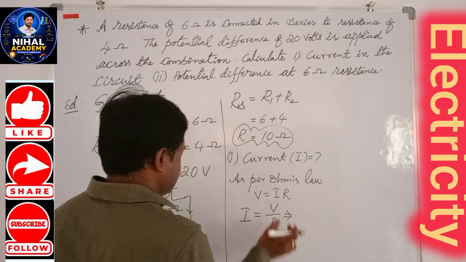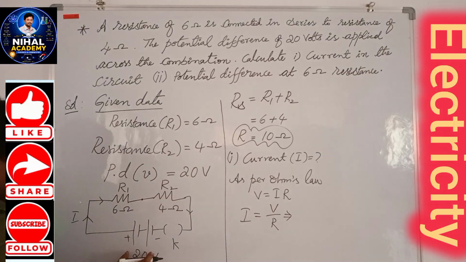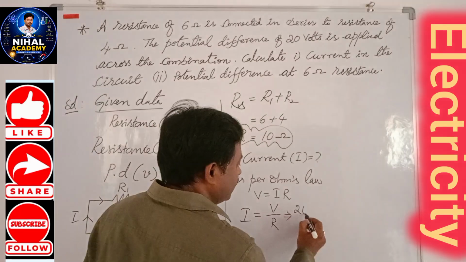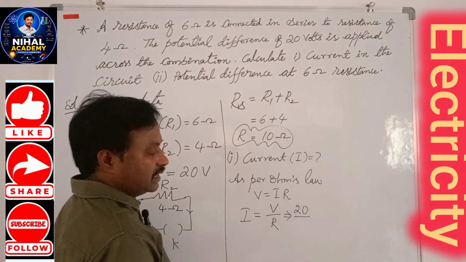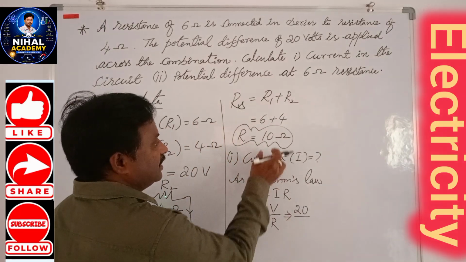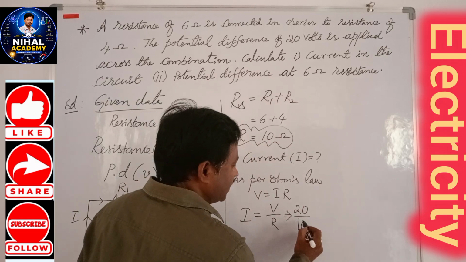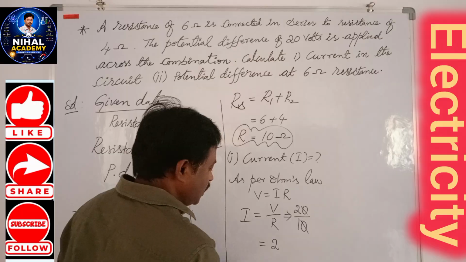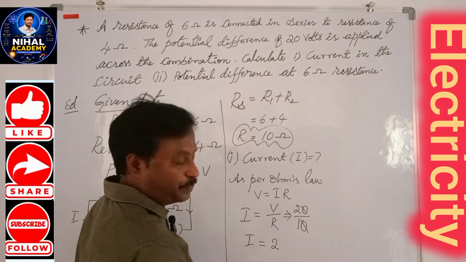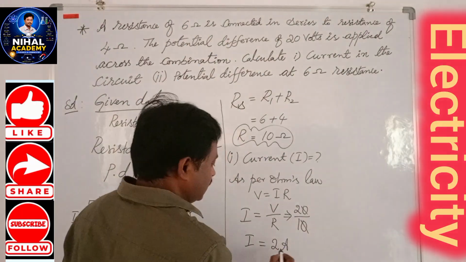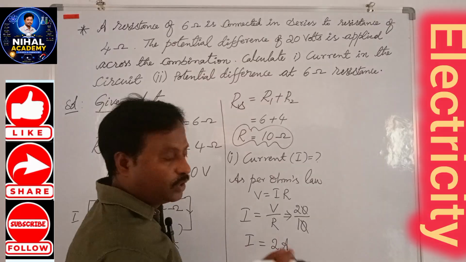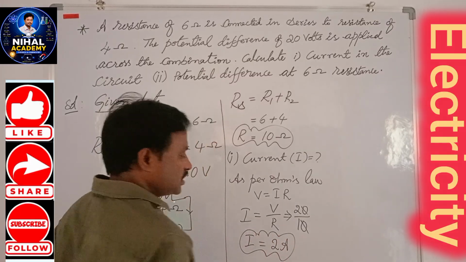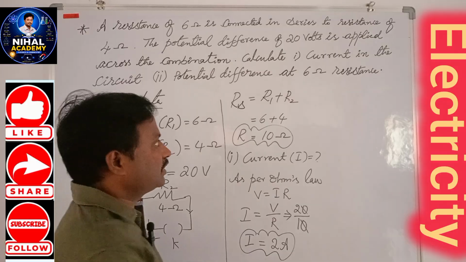The potential difference, it is given 20 volt. So that is 20 by the total resistance, that is 10 ohm. Cancel 0 on 0. Now this is equal to 2. So what is the unit of current? Ampere. A is the letter to represent the unit of current, that is ampere. So the total current passing through the circuit is 2 ampere.